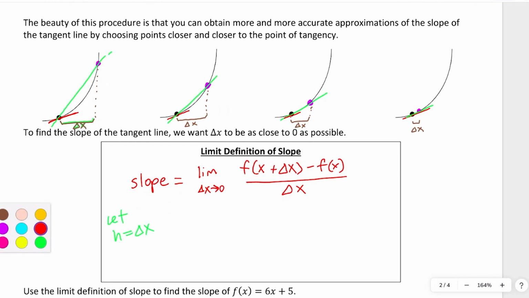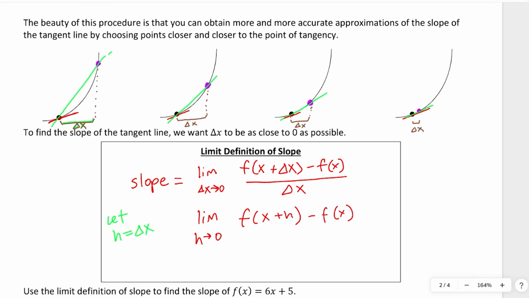Okay, so we're going to rewrite this limit as the limit as h approaches 0. And then it's the same formula. We're just cleaning it up a little bit so that we don't have to write delta x over and over again. This will just make the algebra look a little nicer. Okay, so here is our slope formula.